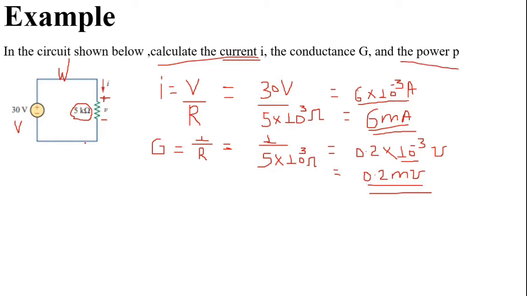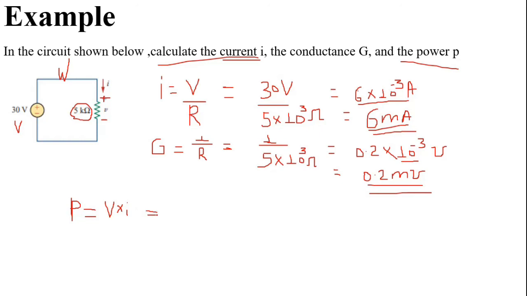And the second one is, what is the power? As I told you in the previous lecture, power can be obtained by multiplying the voltage through a given element by the current flowing through it.